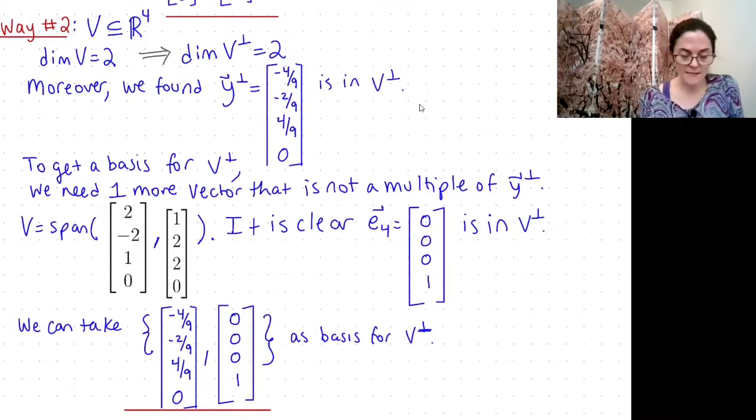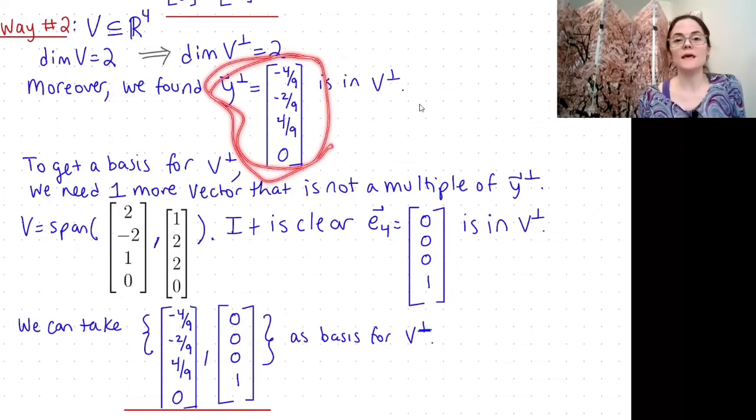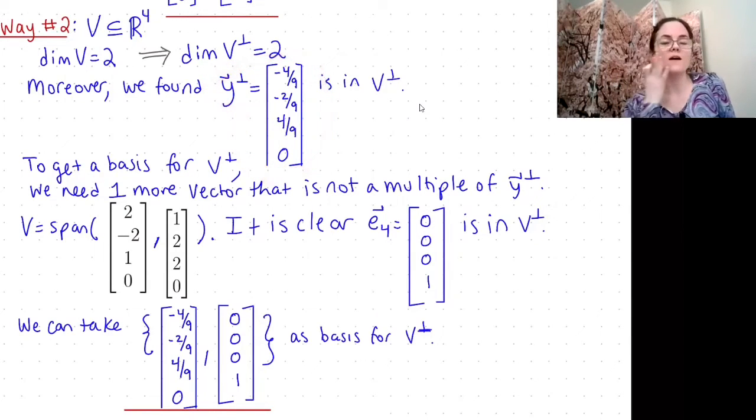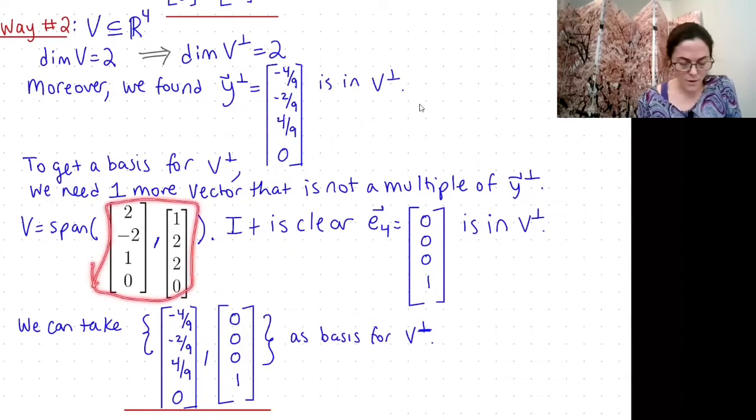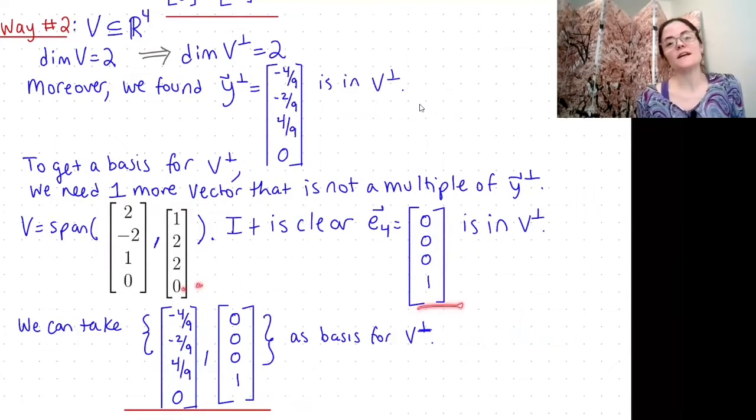And we found this component of y that is orthogonal to V, as I mentioned, it is in V perp. So we've already found one non-zero vector in V perp. So to get a basis using the work we've already done, all we need to do is find one more vector in V perp that's not a multiple of y. And then I recopied what V is, the span of these two, and you just look. Well, this vector, E4, this standard vector, is very clearly in V perp.